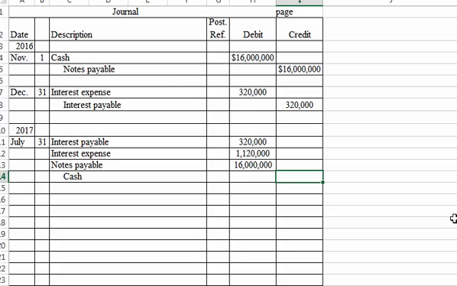Okay, and you could calculate this number a couple of different ways. It's going to be the original amount of the note plus interest for 9 months. So let's calculate it that way, and then we'll sum these and see if we get the same number. Okay, so it's going to be equal to our $16 million times 0.12 times 9 divided by 12.